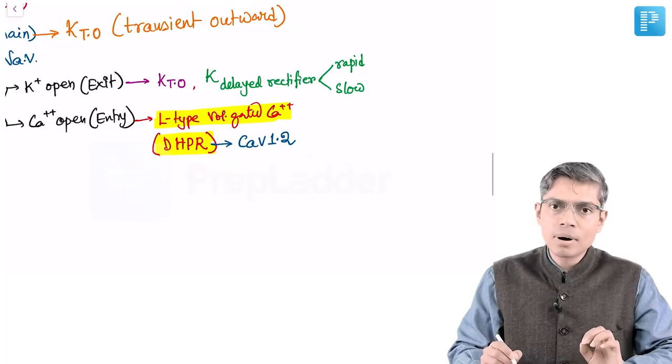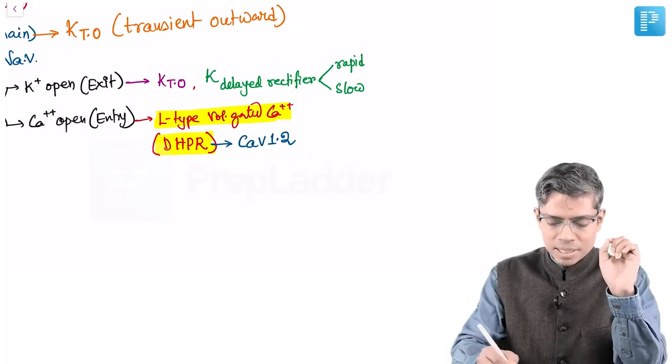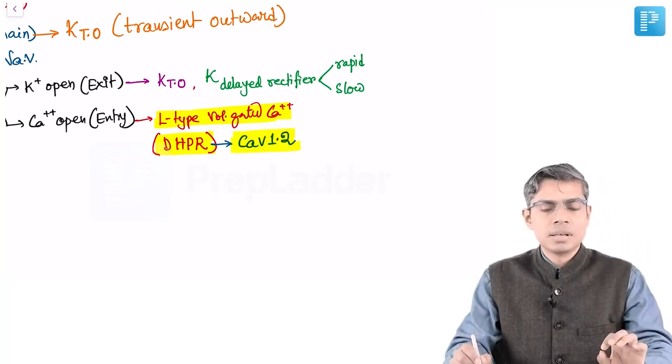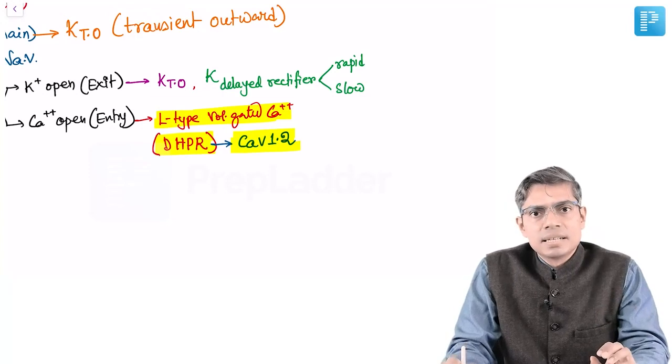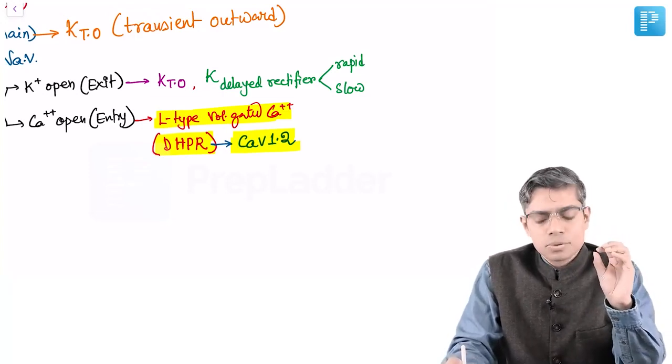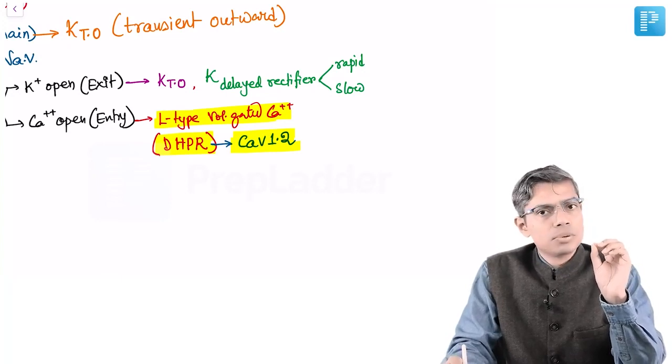I told you that CaV 1.1 is present in skeletal muscle and CaV 1.2 is present in cardiac muscle. So please remember, this DHPR channel is a voltage gated calcium channel which is a slow variety. This channel is also known as the CaV 1.2 type of channel.